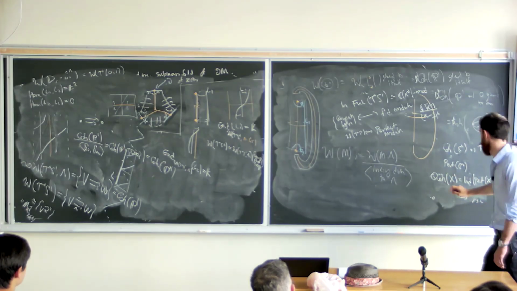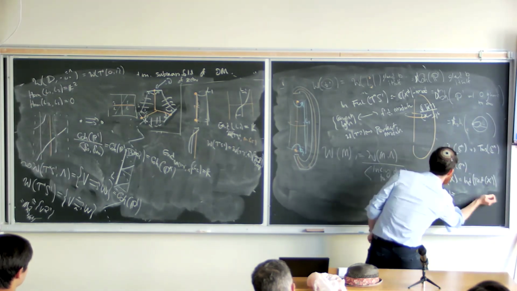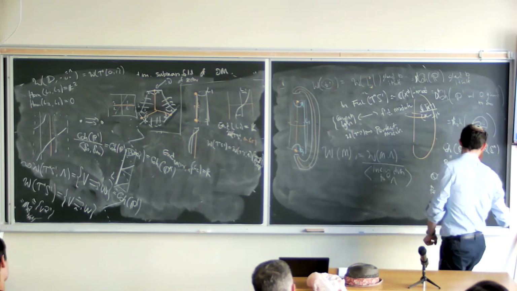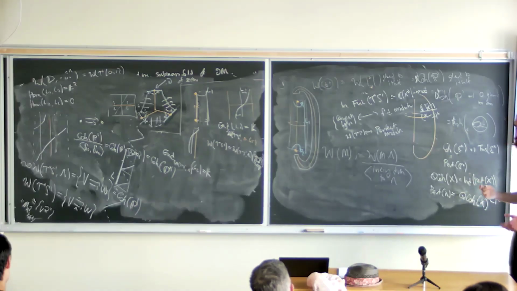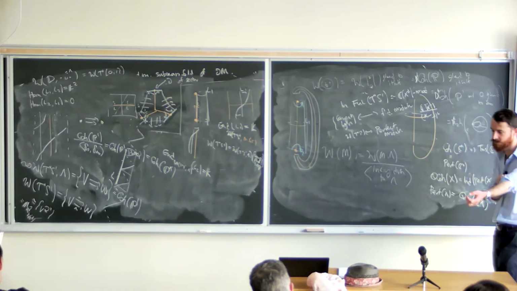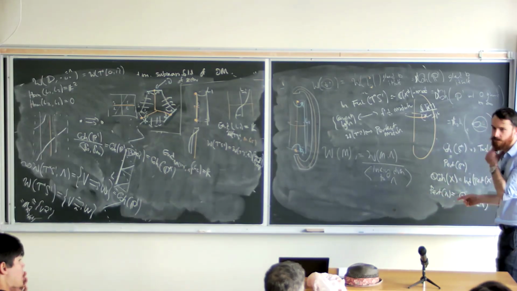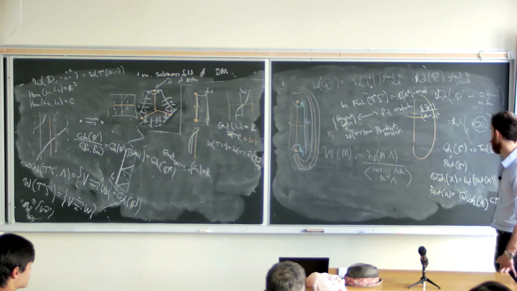You can go back and forth between these: Perf X is equal to, I start with quasi-coherent sheaves on X and take the compact objects inside of it. There's a categorical criterion for what it means for an object to be compact: it commutes with filtered colimits, I mean, Hom out of it respects filtered colimits. Apply this Ind construction to the Fukaya category.